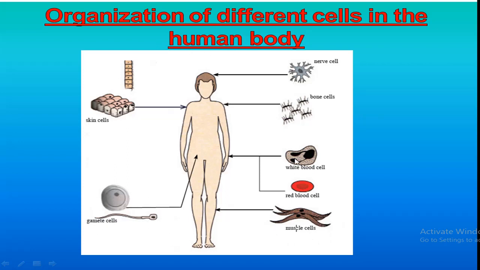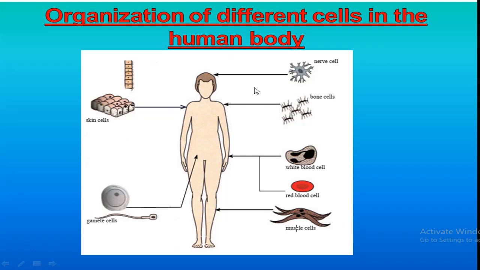Those are the different types of cells contained in the human body. The function of each type of cell is different. The function of the skin cells is different from sex gametes, right? The function of each type of cell is different.